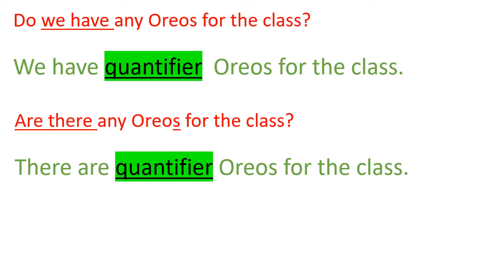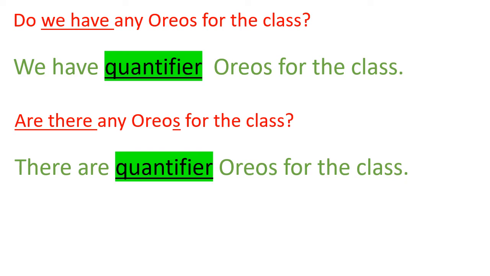A second kind of question here in red, you can ask, are there any Oreos for the class? So notice I use the verb are because I have more than one Oreo. And an Oreo is that black cookie with cream inside. Are there any Oreos for the class?